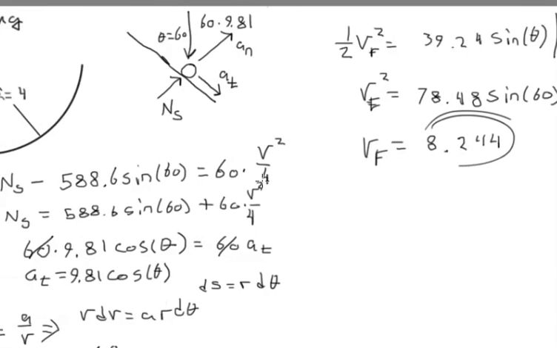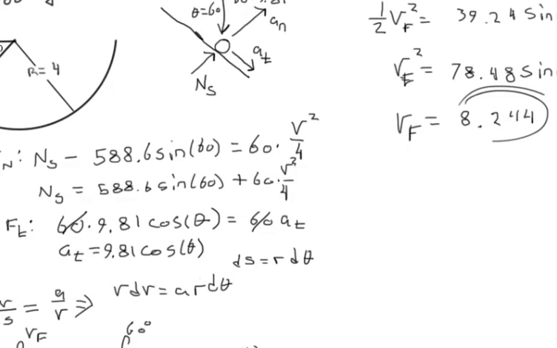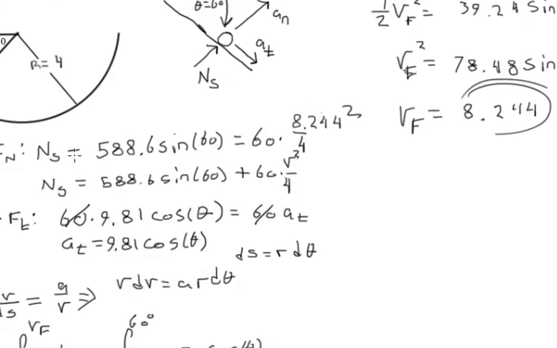You can take this final velocity and plug it into this equation, 8.244 squared. Oops, I should have plugged it in down here, but you get the idea.